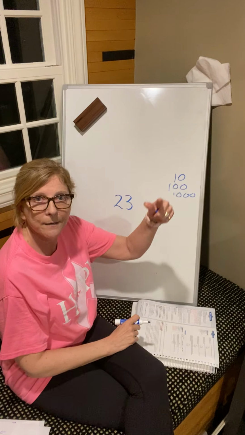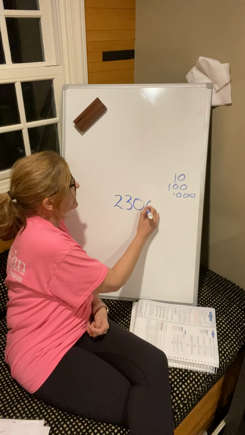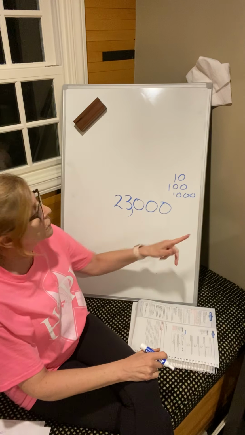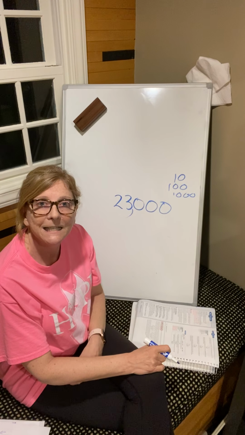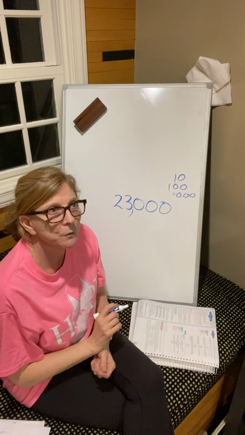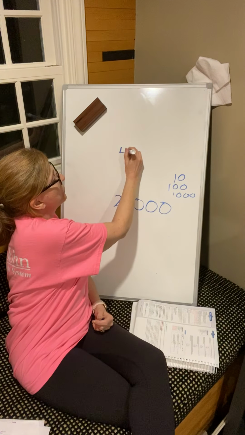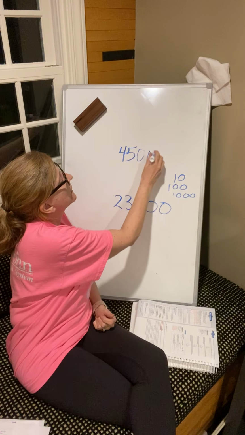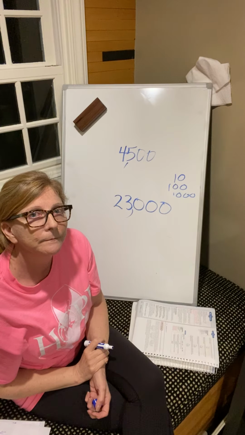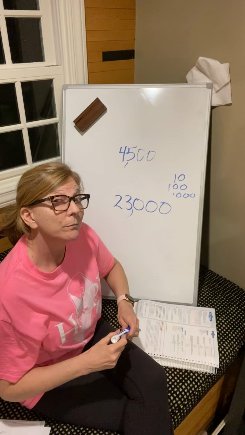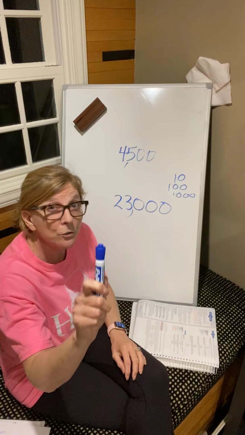I just tack them on the back of the number. So 23 times 1,000 is 23,000. Isn't that cool? So if I had 45 times 100, there are 2 zeros in 100. Tack them on the back. Simple. All right.